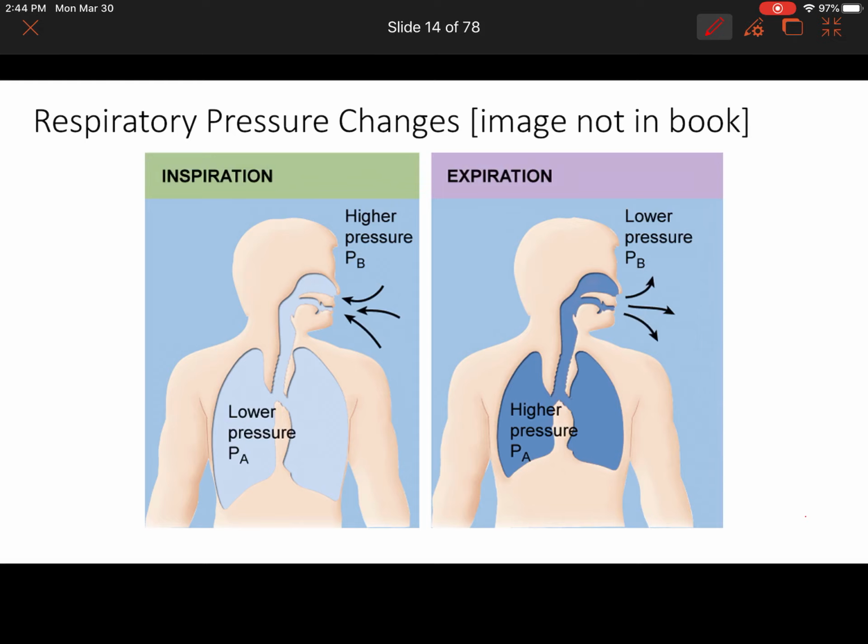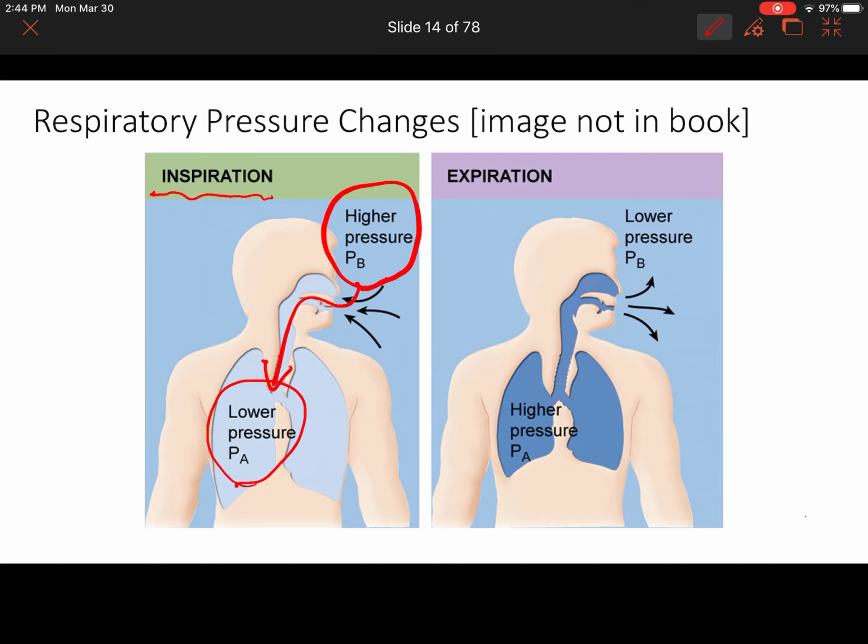In order for inspiration to take place, the air pressure or the gas pressure within the lungs must be lower than the outside pressure.